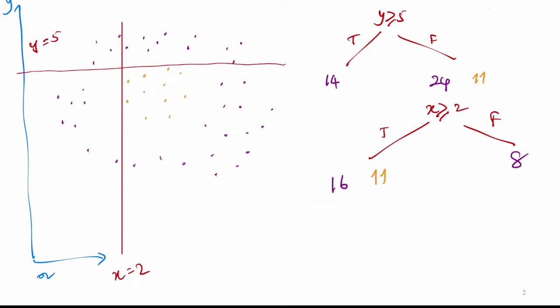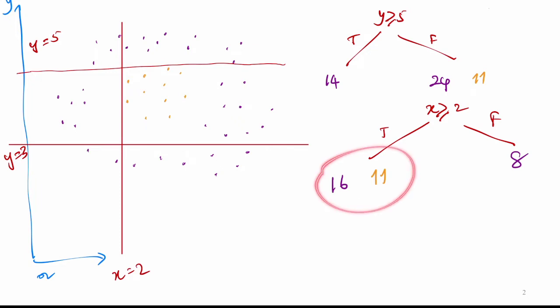Looks like we need another line, so let me draw another line. Let's say this is, I don't know, y equals 3. From this node here we can draw the next line. We say y less than or equal to 3.